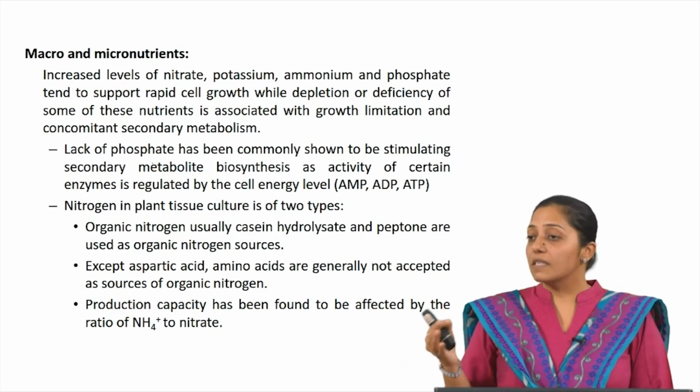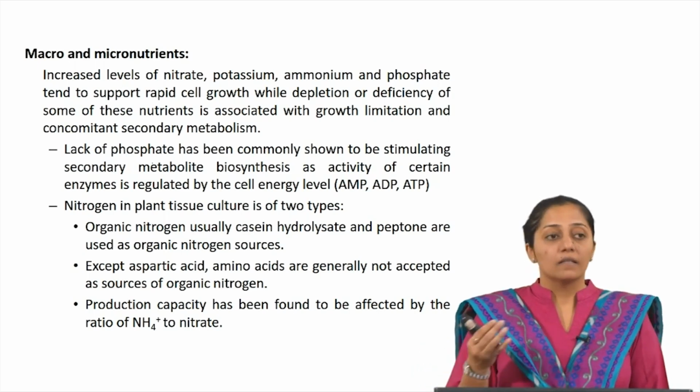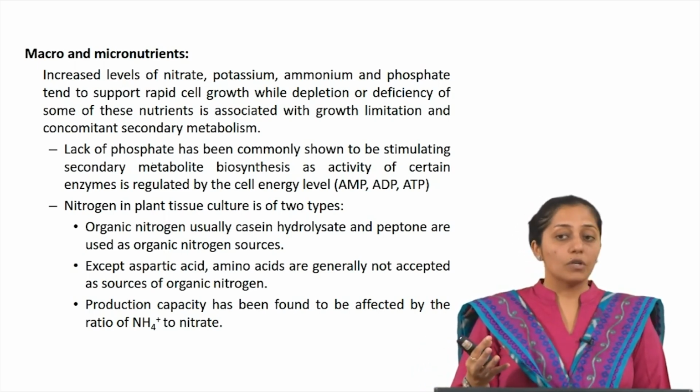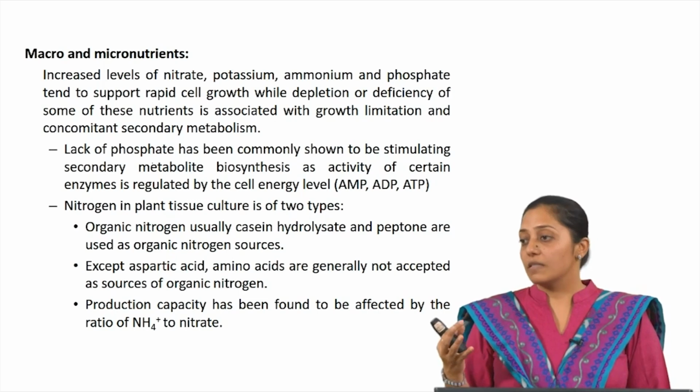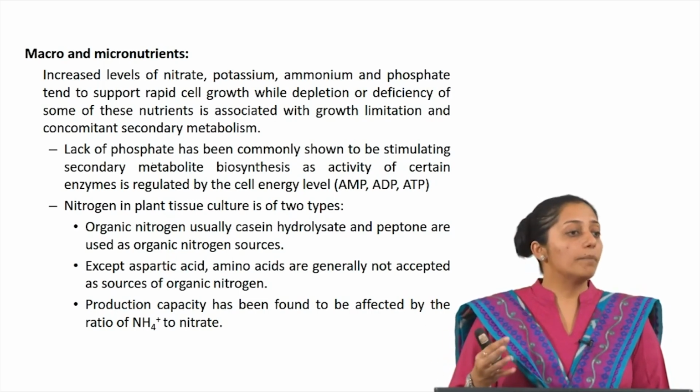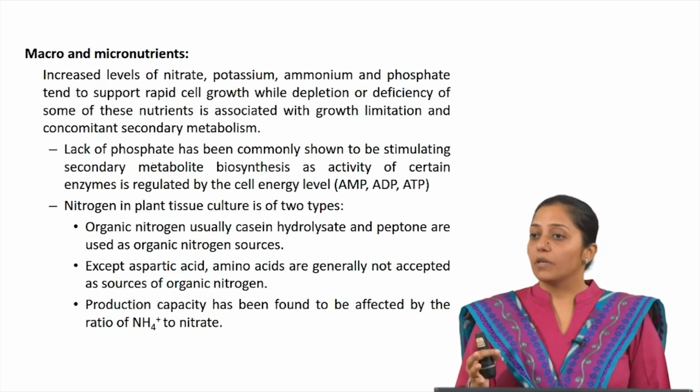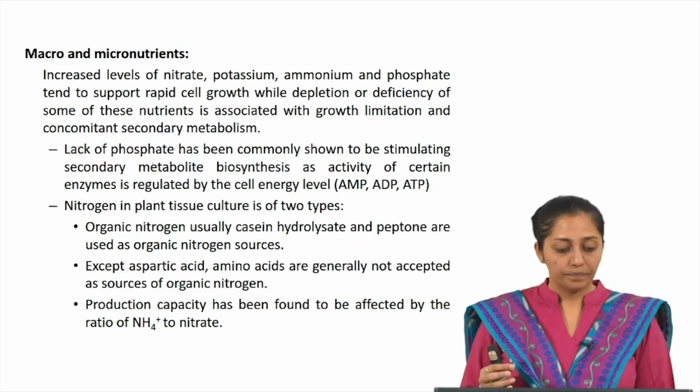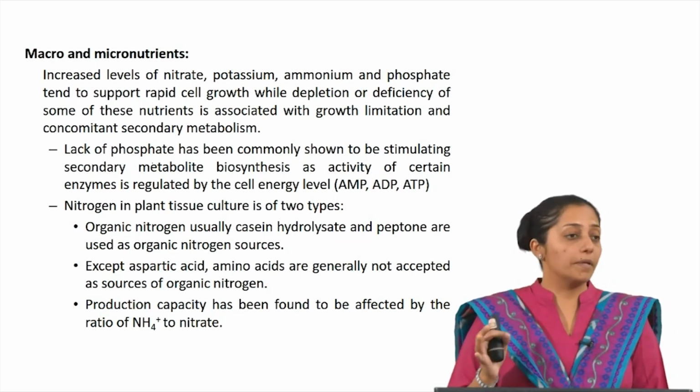So, similarly this gives an indication that the kind of salts or sources which you are using as nitrogen source will also impact your secondary metabolite biosynthesis, apart from the concentration optimization.